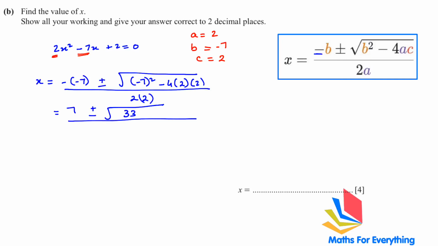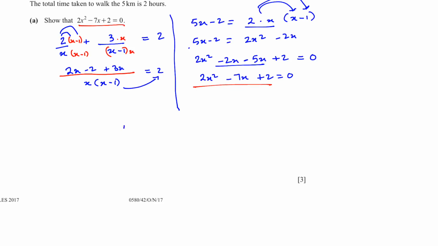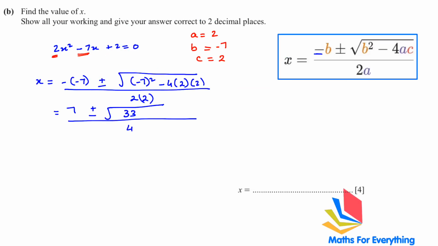And then in the denominator, 2 multiplied by 2 is 4. So now that we have it, we got 2 values of x. 7 plus square root 33 over 4, and the other is x is equal to 7 minus square root 33 over 4. We will just write it in a decimal form.